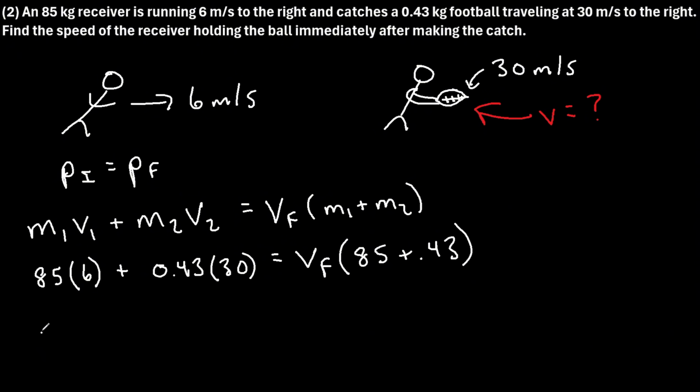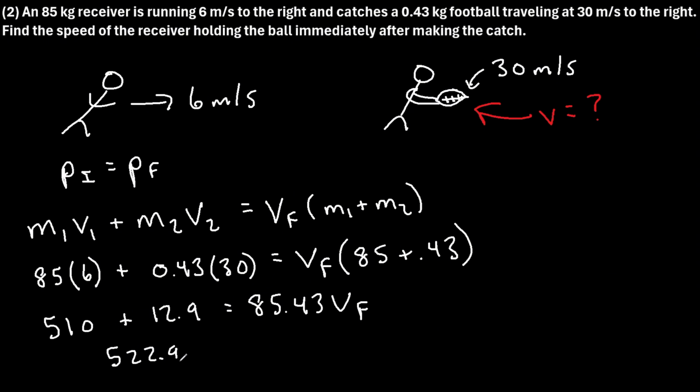So if we simplify a little bit, on the left-hand side we get 510 plus 12.9, is equal to, on the right-hand side, 85.43 times the final velocity. So on the left-hand side we end up with 522.9. On the right-hand side, we have 85.43 times the final velocity.